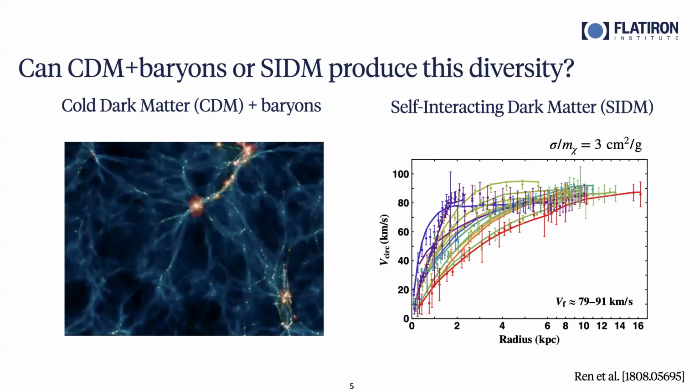Previously, people have shown that this feedback can significantly alter the central regions of dark matter halos, so these effects can really matter. A second class of solutions is what happens if you drop the collisionless case and let the dark matter have some self-interactions. In this talk, I'll mostly talk about hard scattering self-interactions.